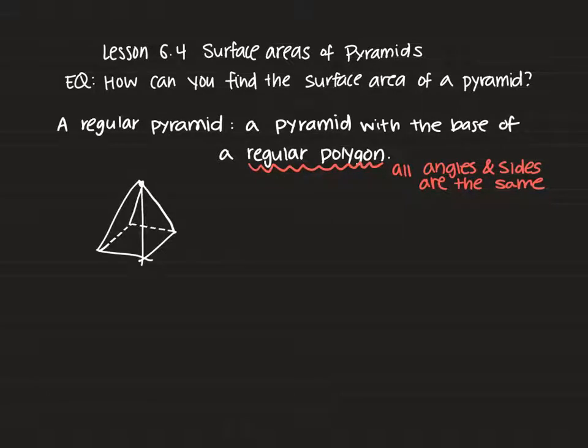We call the height of the triangles the slant height of a pyramid because in reality, the sides are slanted, since they all meet up at a point, the vertex.